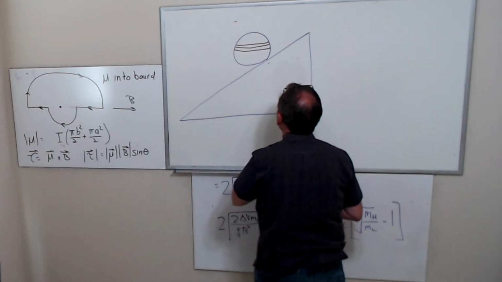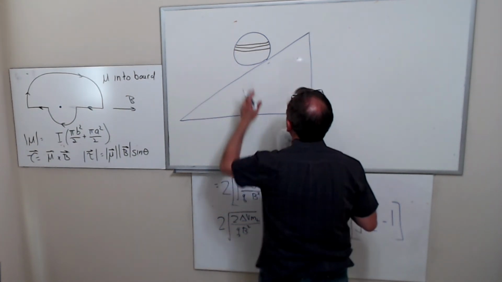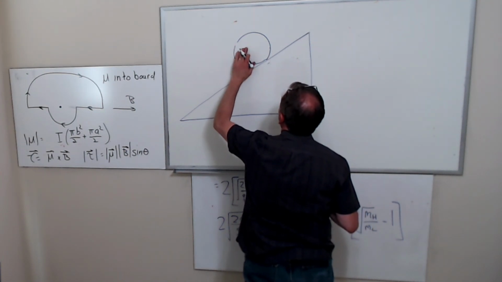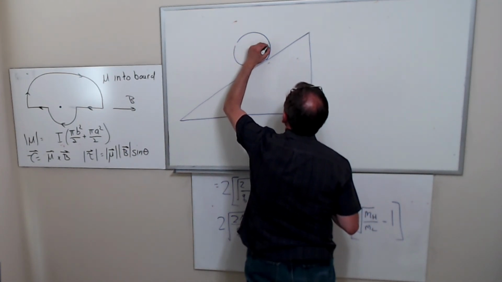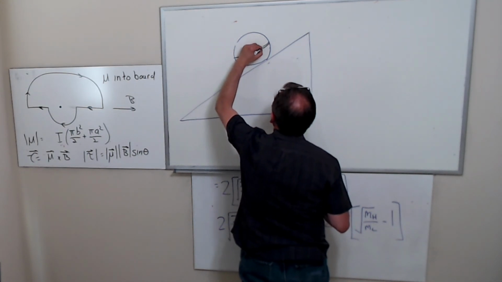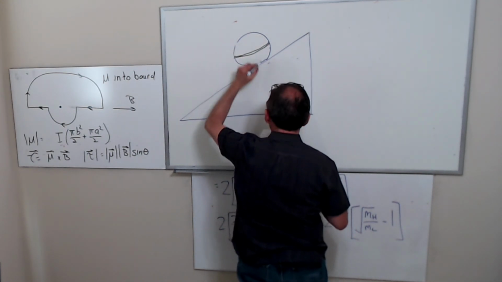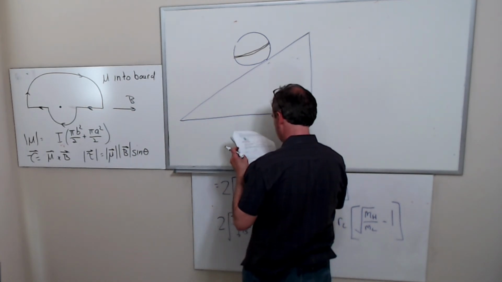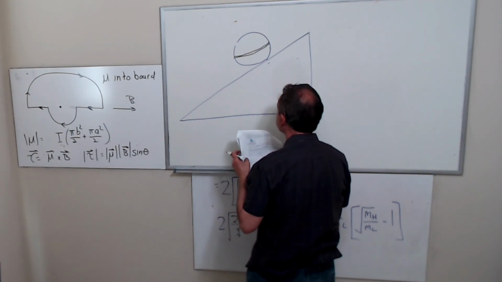It's parallel to the ramp. Oh, it's parallel to the ramp. Sorry, my bad. That makes it harder. And which way is the current flowing? You have to find out which direction it's flowing. Oh, okay.